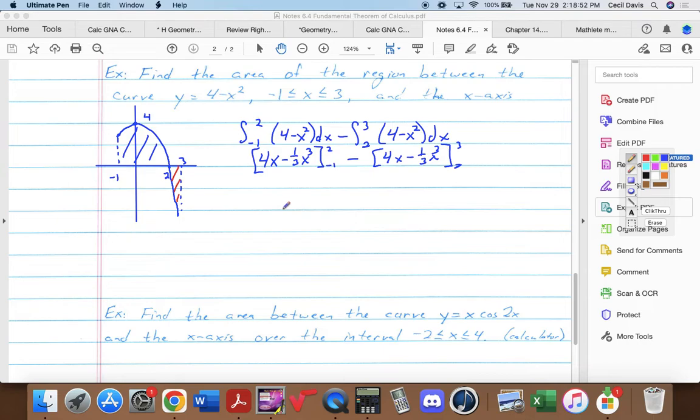Okay? So then let's see. This is going to be 8 minus 8/3 minus -4 plus 1/3 minus, let's see, 12 minus 9 minus 8 minus 8/3.